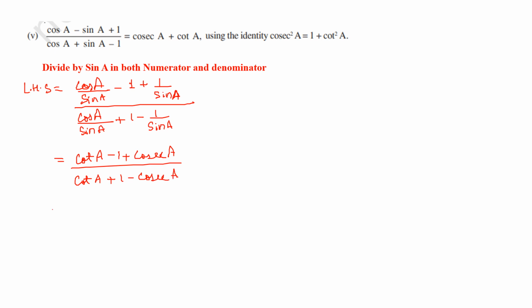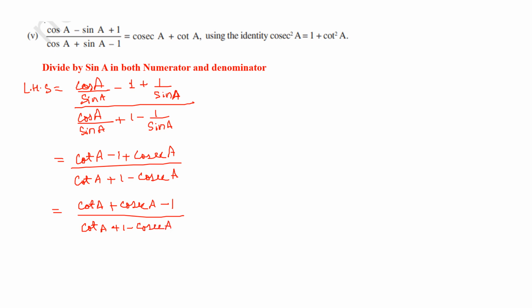Okay, now I'm going to rearrange it. So it will be (cot A + cosec A − 1) by (cot A + 1 − cosec A).